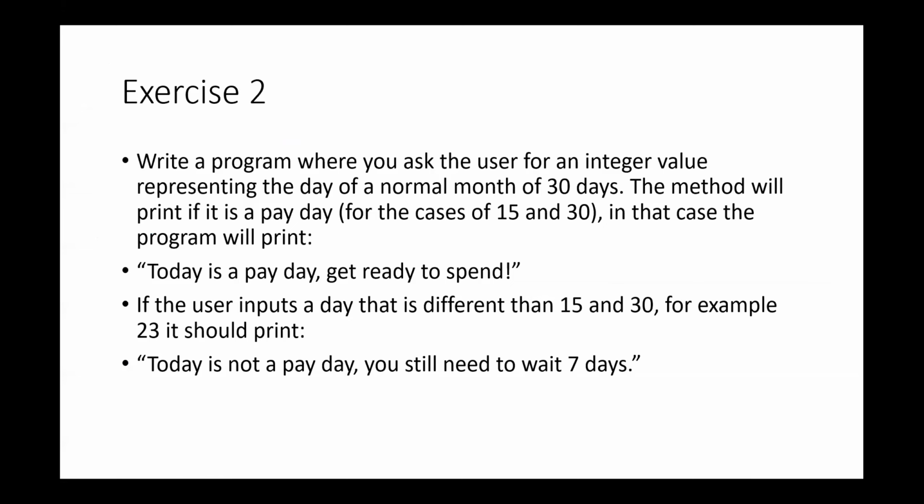So what you are supposed to do is ask the user for one input value, and the input value would be any value between 1 to 30. Let's just say you assign the value rather than just taking input. Now I want you to write a condition where you check that number, whether it is the input value you are taking from the user or the value you have assigned.